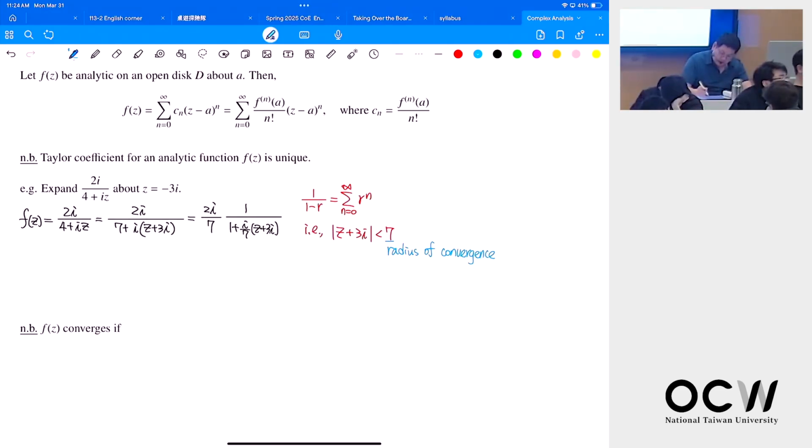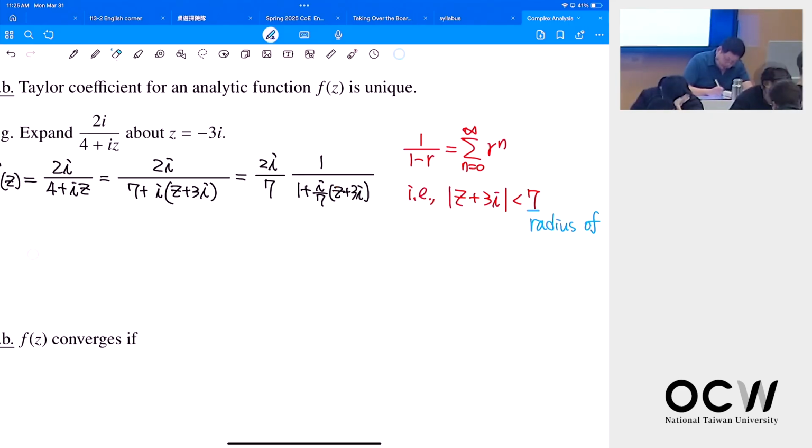So now we can rewrite this fraction to still keep 2i over 7, and then 1 over 1 minus r.